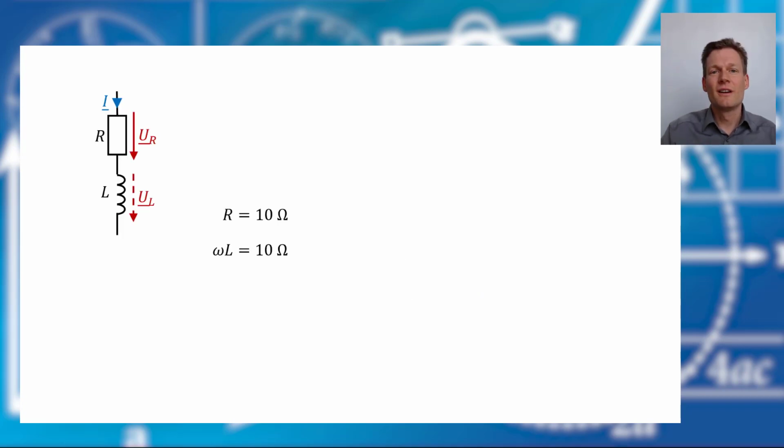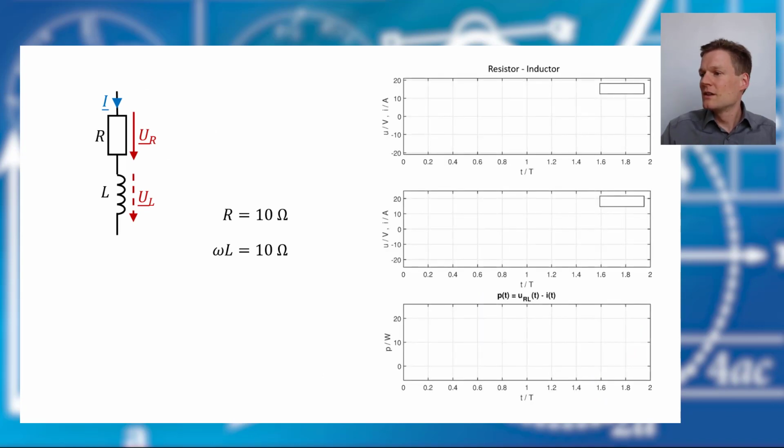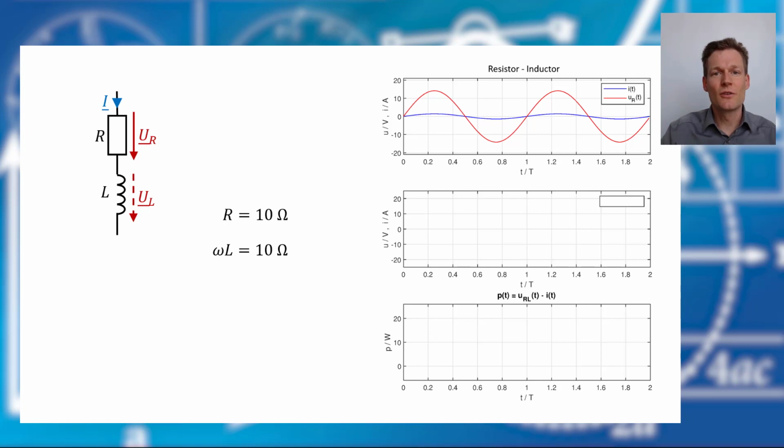Let's have a look into time domain. So again, we had our current given from our ideal current source. And then we have a voltage drop at our resistor. And this is in phase to the current.